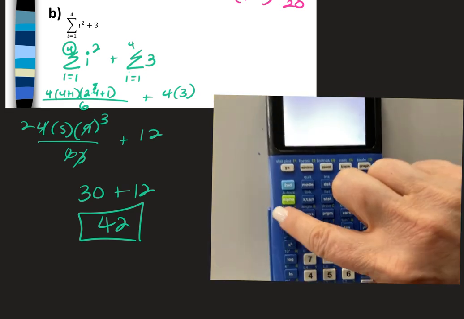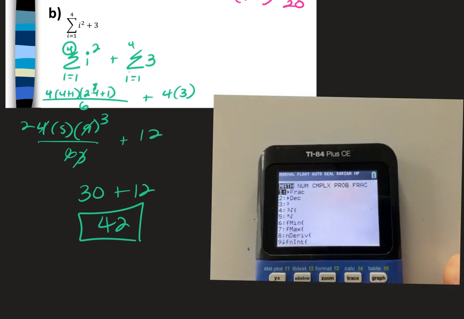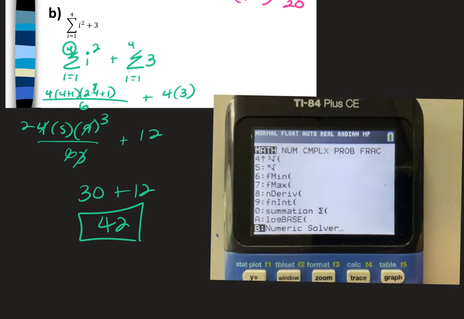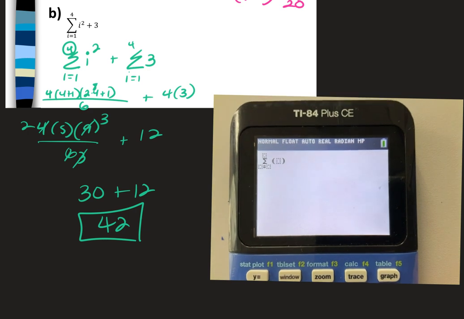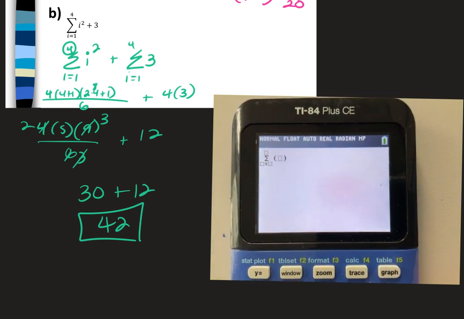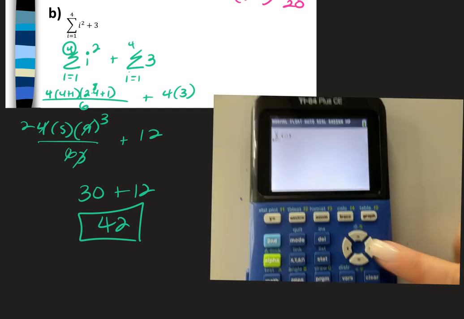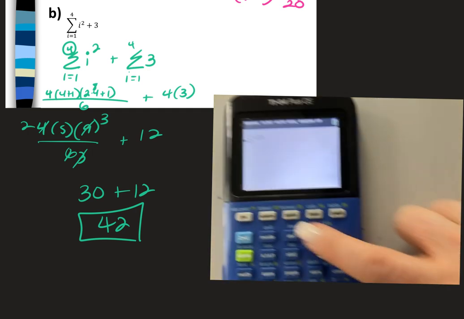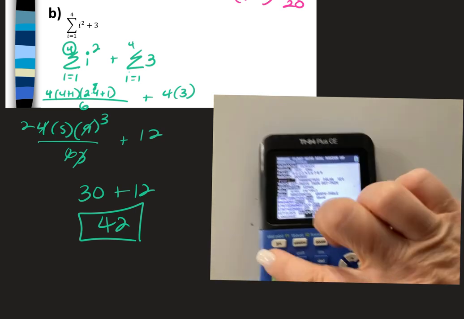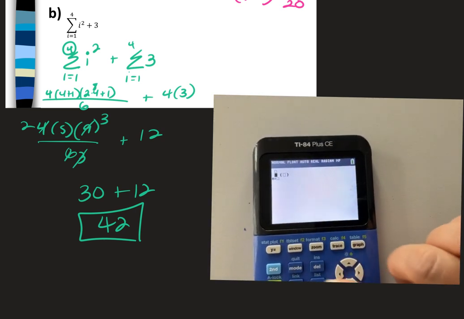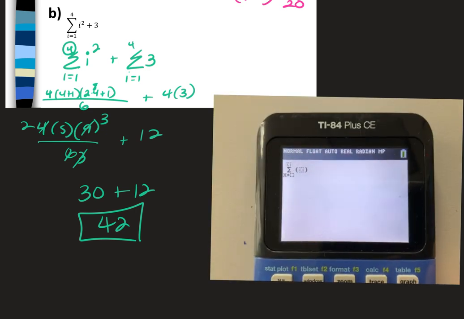So on your math menu, you have to scroll all the way to the bottom, or you could go up and start your way back down from the bottom. Summation is 0. If you hit 0, it brings up the little box. It doesn't matter what variable you put in the bottom. So I'm going to put the variable as x because that's what my button does. Ignore that, I was in polar from AP.